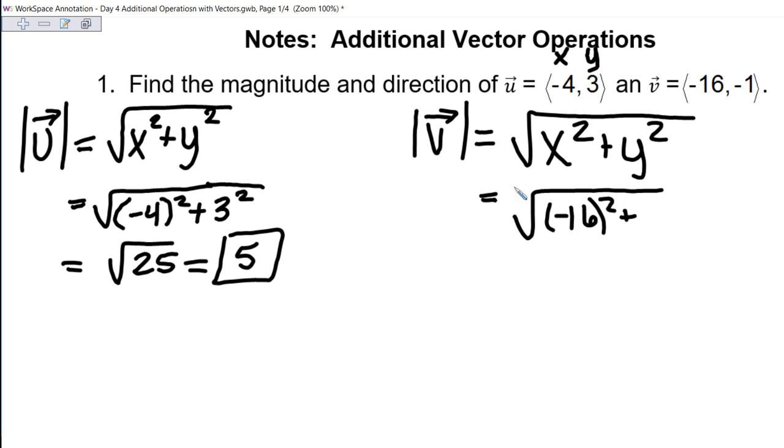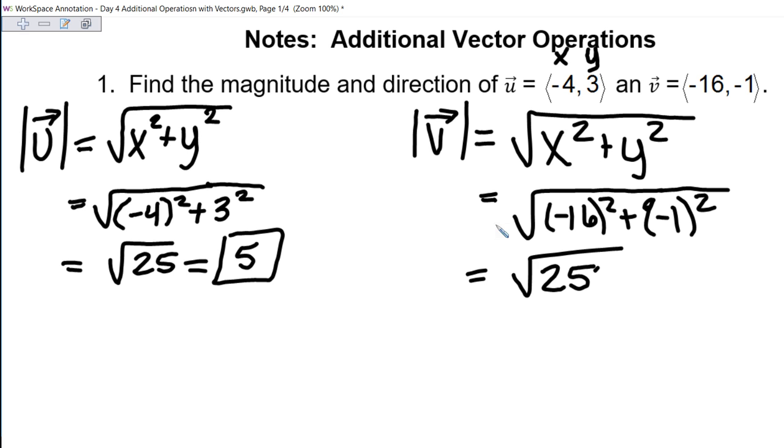Add to that, what is the y value? -1, square it. What is -16 squared? 256. What is -1 squared? 1. So 256 plus 1 would be 257. So this would be equal to the square root of 257.